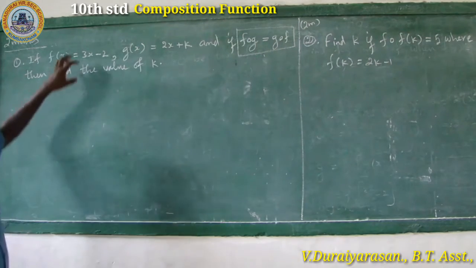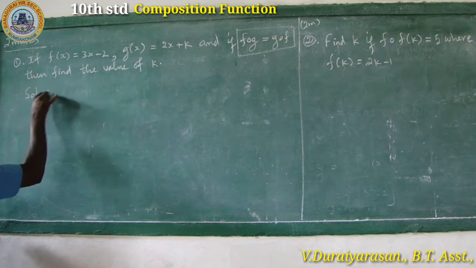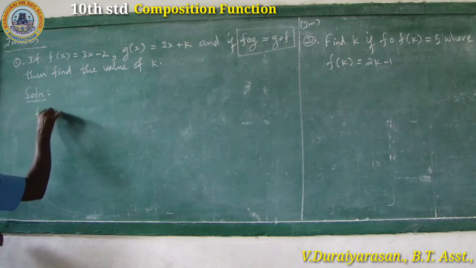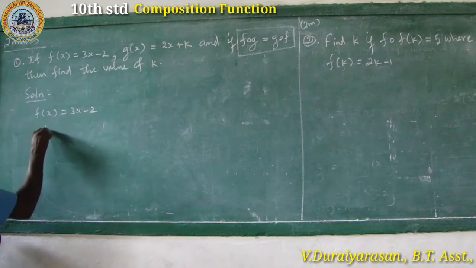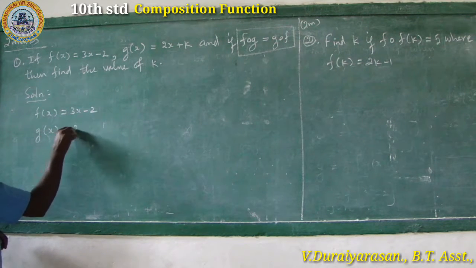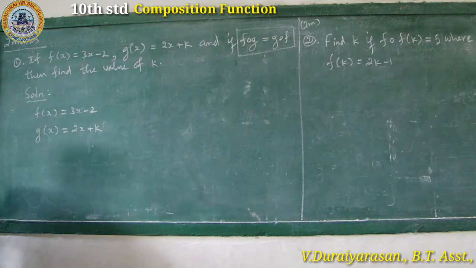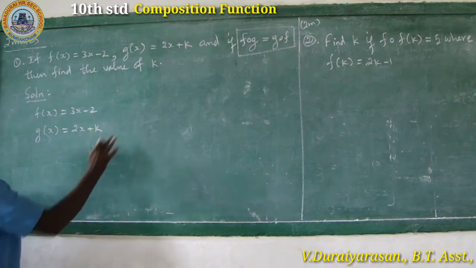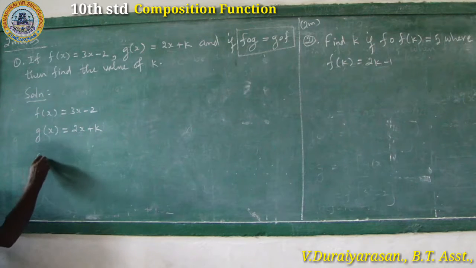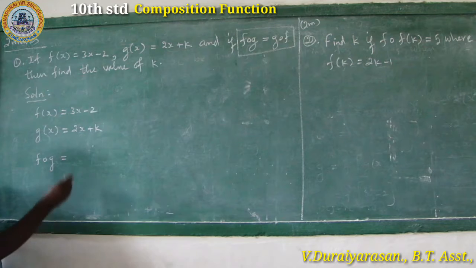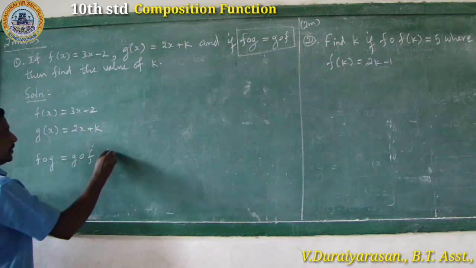The first function f of x is equal to 3x minus 2. Another function g of x is 2x plus k. What is given? f composite g is equal to g composite f.